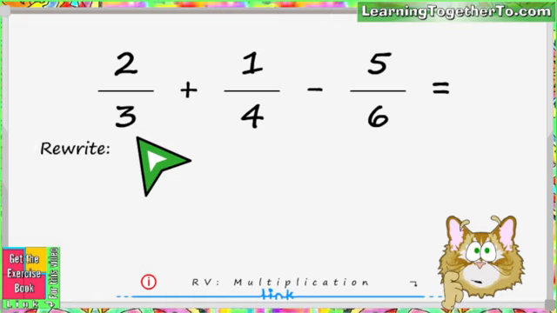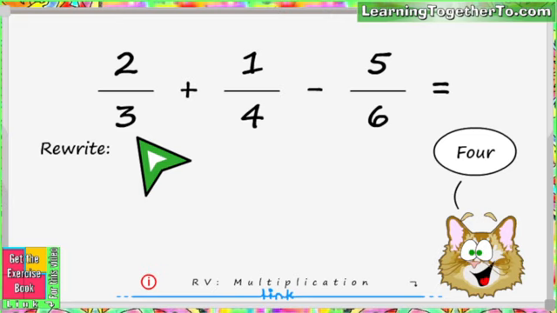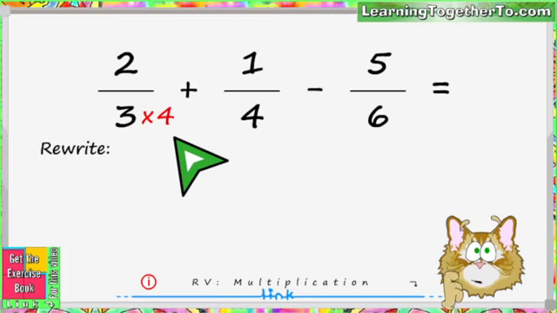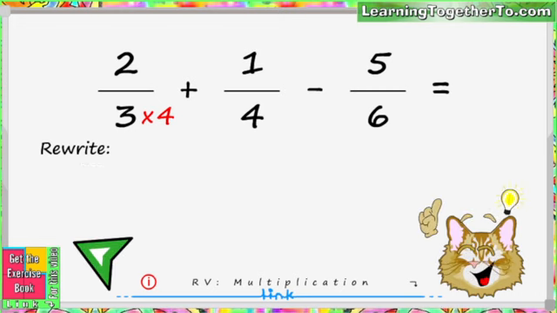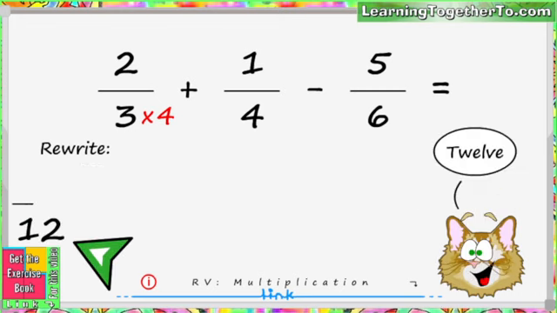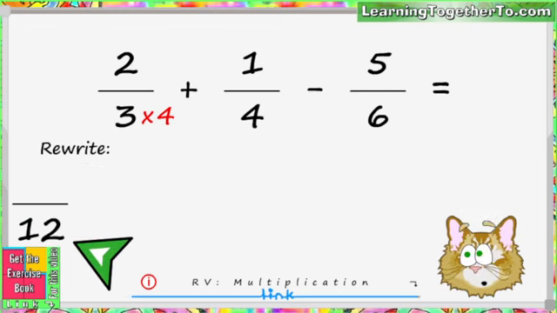Now that we know the lowest common multiple, we can rewrite our problem. What do we need to multiply 3 by to get 12? 4. Very good, Frank. 3 times 4 is equal to 12. Excellent, Frank.